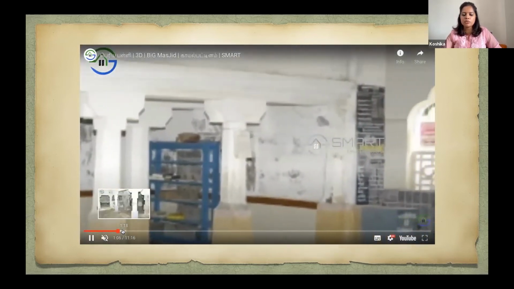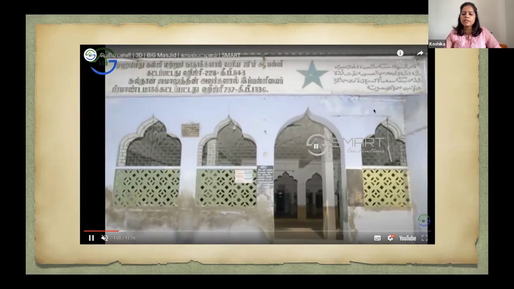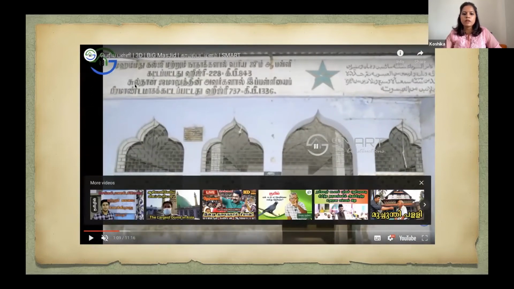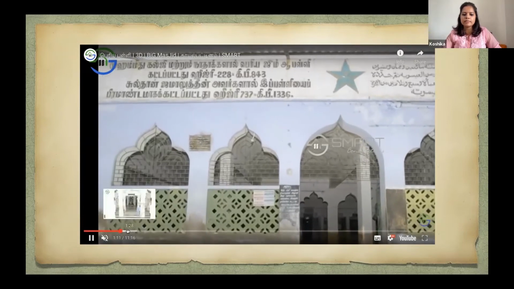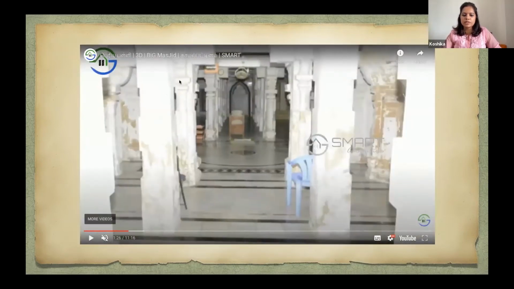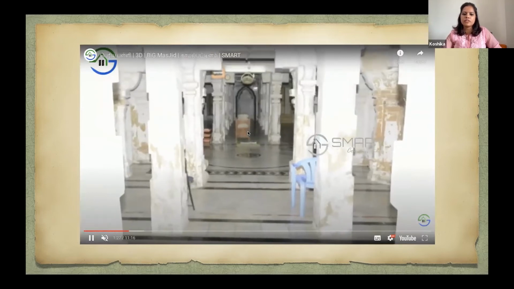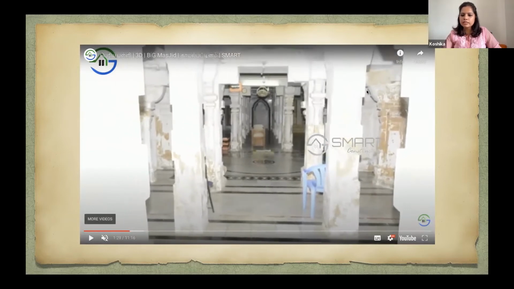In the masjid itself, we have evidence saying that this was built by Muhammad Khilji in 843 AD, and this was renovated again by the Sultan in 1336. This is the evidence, and it has a really good structure where you can see the pillars, and that has a touch of the Dravidian style. This pillar has a Dravidian architectural style.